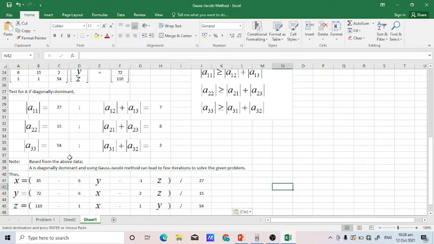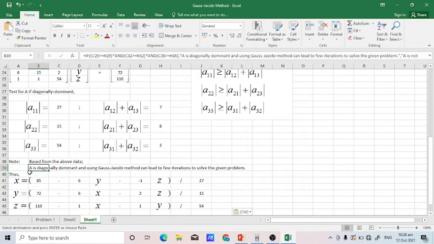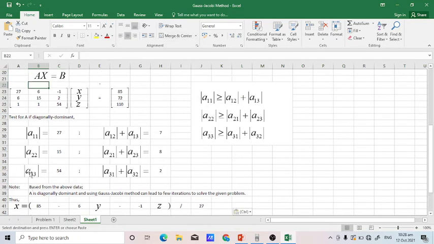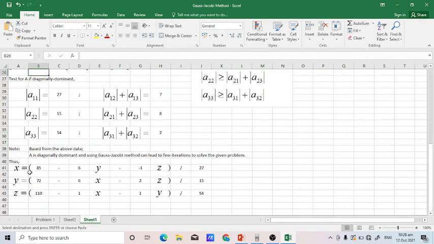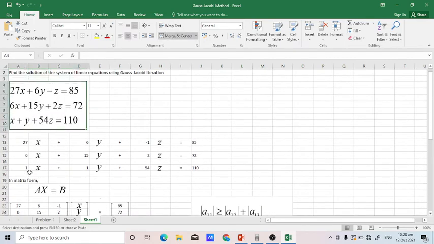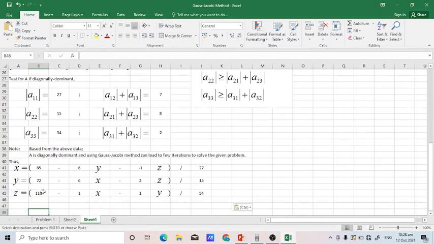Sa task, so meron tayo ditong yung XYZ kasi ay ito yung mga yon. So dahil diagonally dominant siya, i-express natin yung X in terms of Y and Z dun sa first equation. Dun sa second equation, express natin yung Y in terms of X and Z. Dun sa third equation, express natin yung Z in terms of X and Y. Okay?